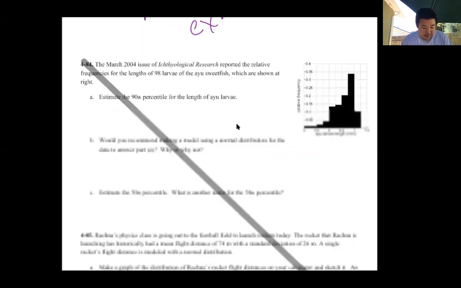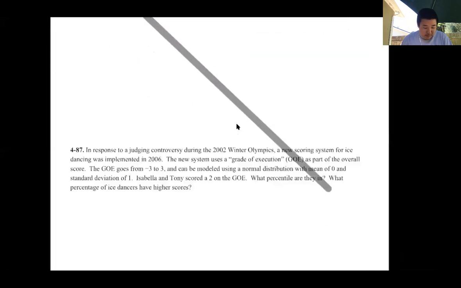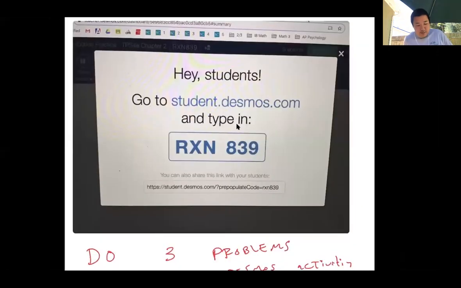Okay, skip. So you need to go to student.desmos.com and type in this code, and then you're going to do 3 problems from the Desmos activity and insert a photo, please.